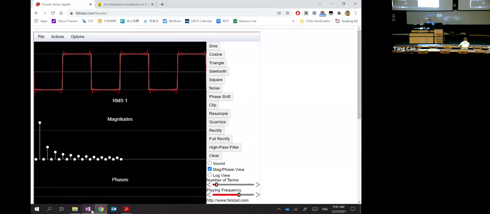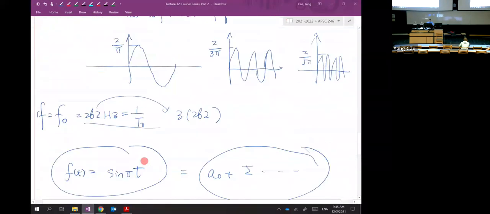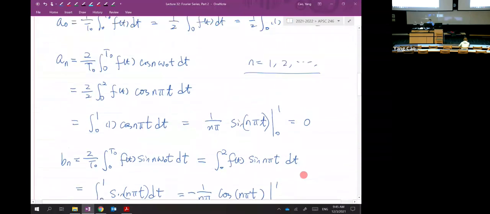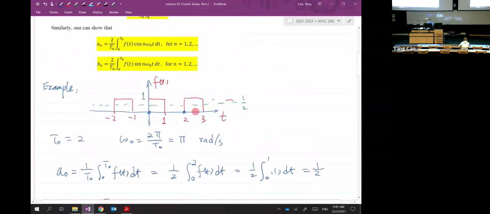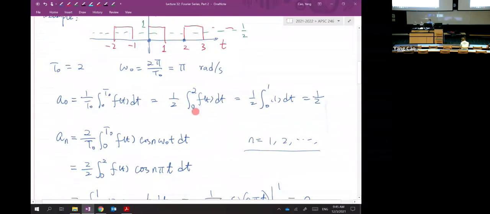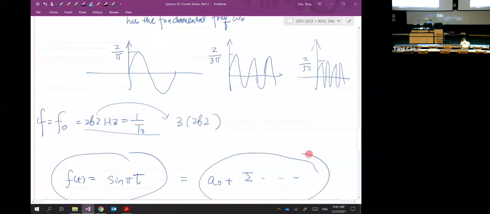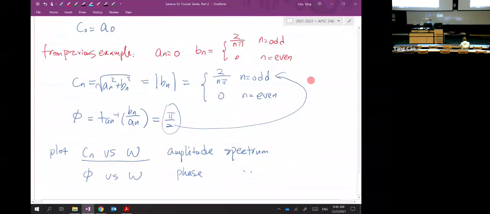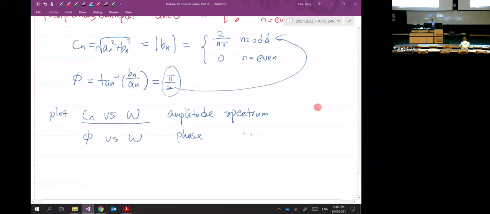My square wave here is actually on top of the t-axis. So the phase in my case is pi over 2. Okay, so that's the compact Fourier series format.